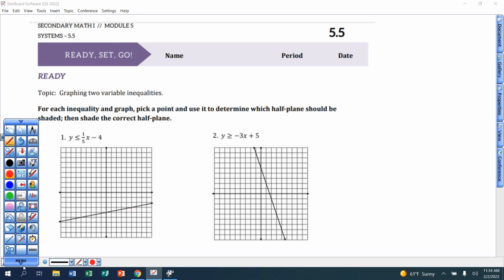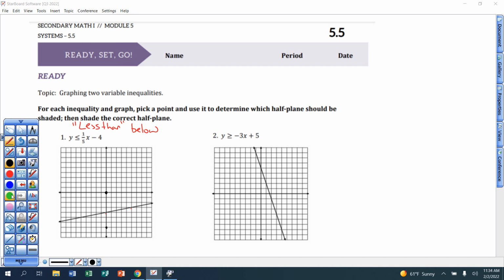So again, the way I teach it is this inequality, the less than direction, is going to be below. Sometimes what they'll have you do is pick a point above that line, pick a point below that line, and plug it in, and whichever point is a true statement, you shade that way.